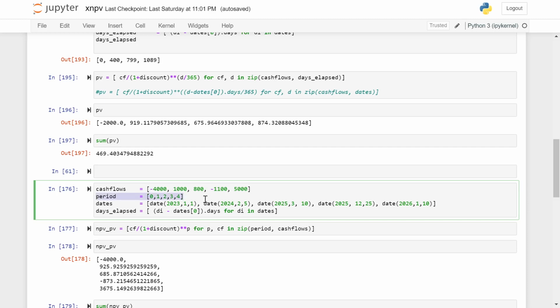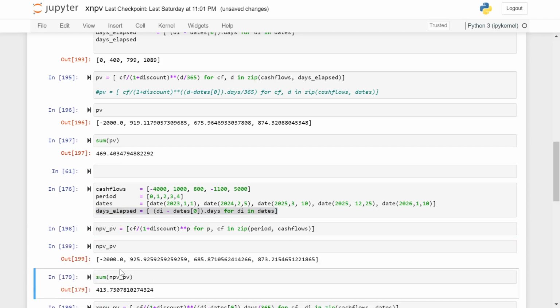And we are considering 5 periods because there are 5 cash flows. We are also considering 5 corresponding dates to calculate XNPV, and having considered these dates, we are calculating days elapsed. First we will calculate NPV. So here it is. These are discounted cash flows for arriving at NPV. Now let us sum them up.